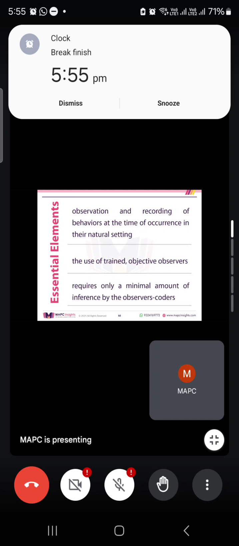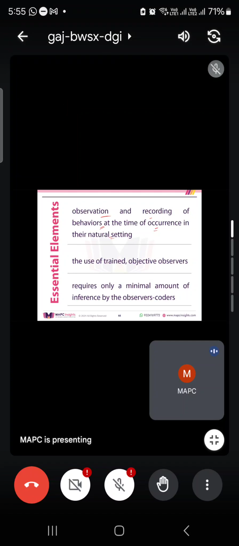Essential elements: observation and recording of behavior at the time of occurrence in a natural setting. You're observing, at the same time you are recording in a natural setting. The use of a trained objective observer. The observer must be trained, and objective means bias free. The observer is not biased.